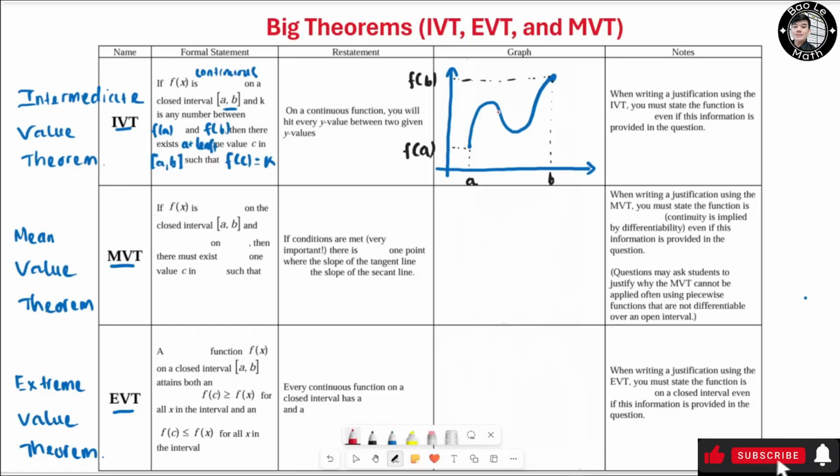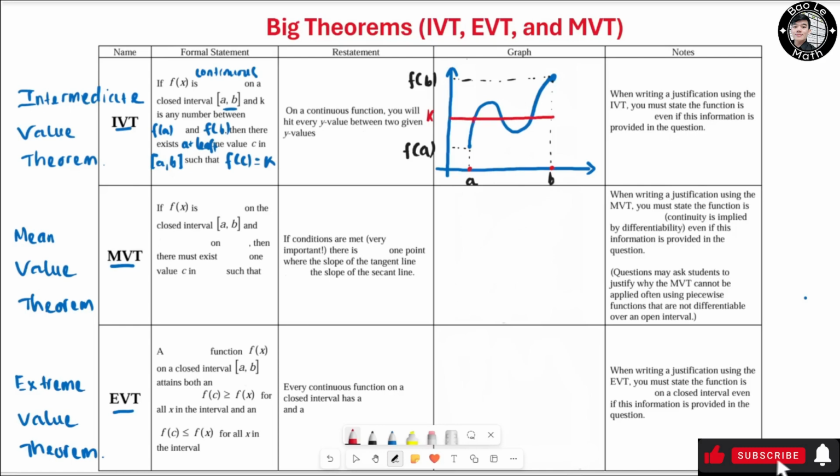Here's the graph of f of x, and this function is continuous on the closed interval [a, b]. So you have f of a and f of b right here. Now if a value of k is between f of a and f of b, so suppose k is right here, you have at least one value c such that f of c equals k.